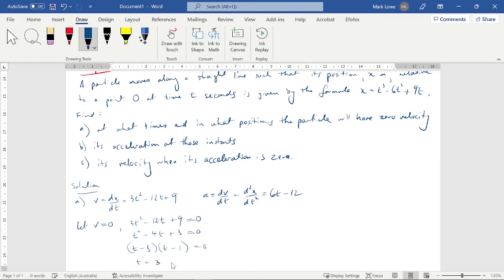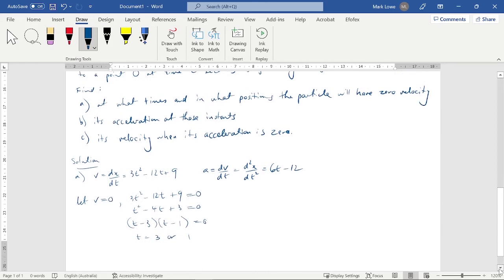So t would equal 3 or 1. So we can see that our velocity equals 0 after 1 second and 3 seconds. Those are the times. We want to know the positions, so we need to substitute those values back into x.